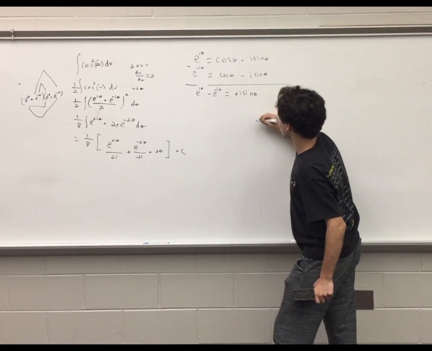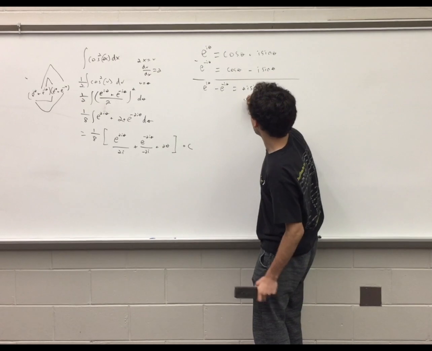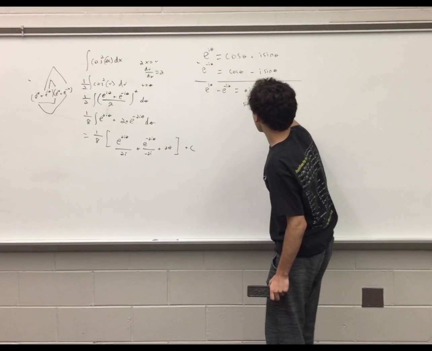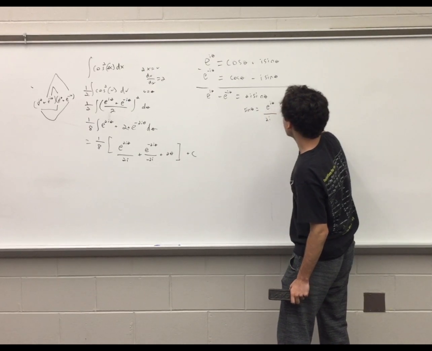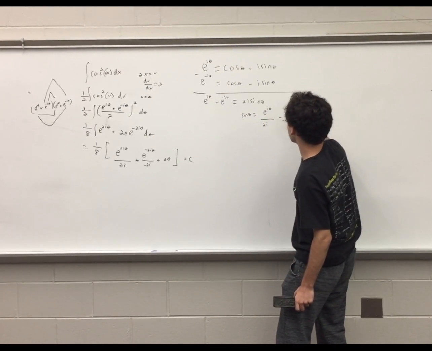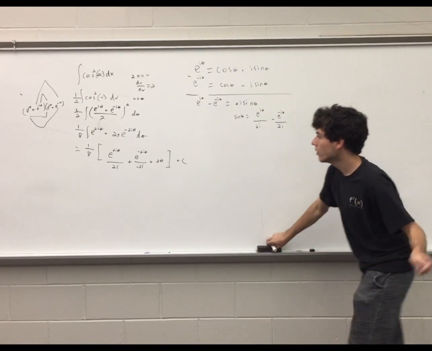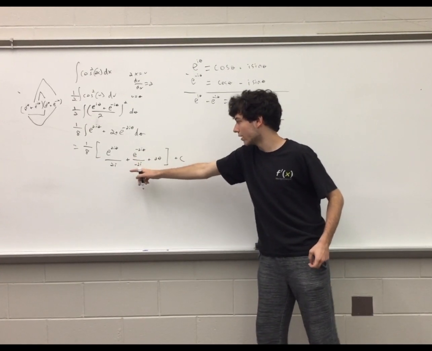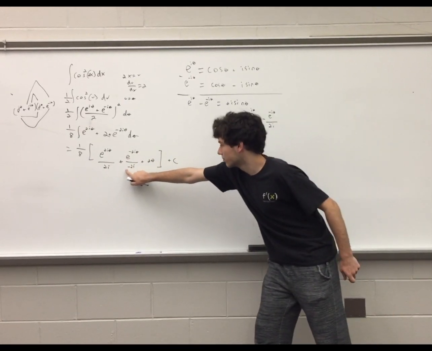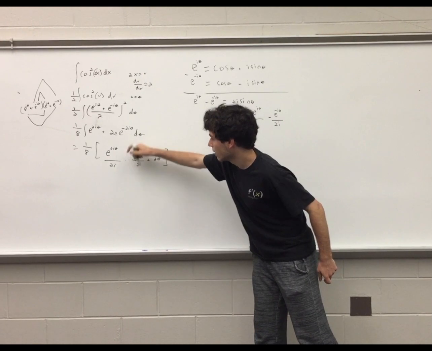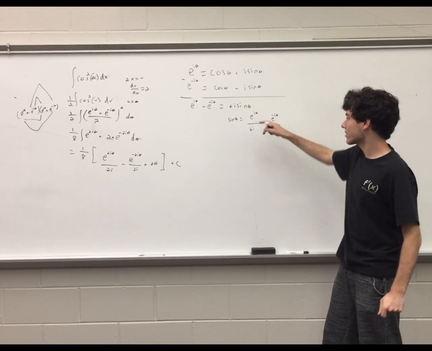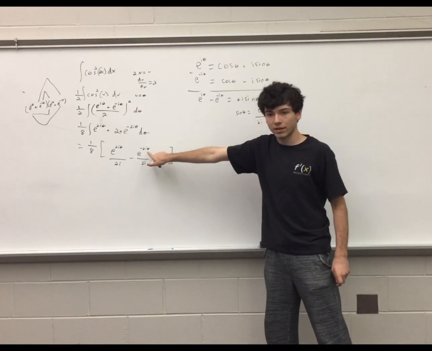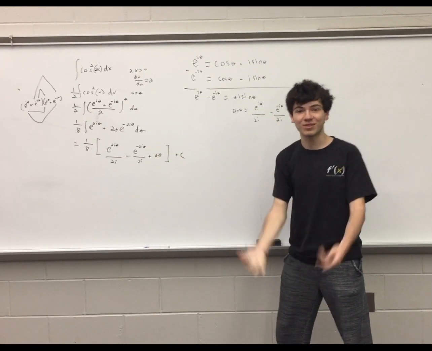Now we have an expression for sine theta: e to the i theta over 2i minus e to the negative i theta over 2i. And look at what we have here: e to the 2i theta over 2i, and this minus in the denominator we can bring up front, minus e to the negative 2i theta over 2i. This is the same thing, except here we have i theta, and here we have 2i theta, which means this is nothing but sine of 2 theta.